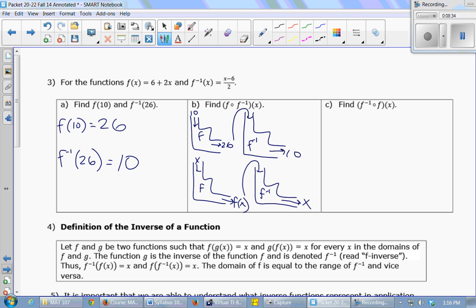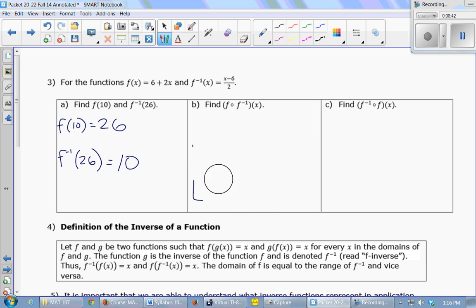What does it look like with the equations? Good question. So that little circle means composed. So this is f of f inverse of x, right? F inverse of x has a formula, and I'm going to substitute it in here. So this is f of x minus 6 over 2, just replacing f inverse with its formula.